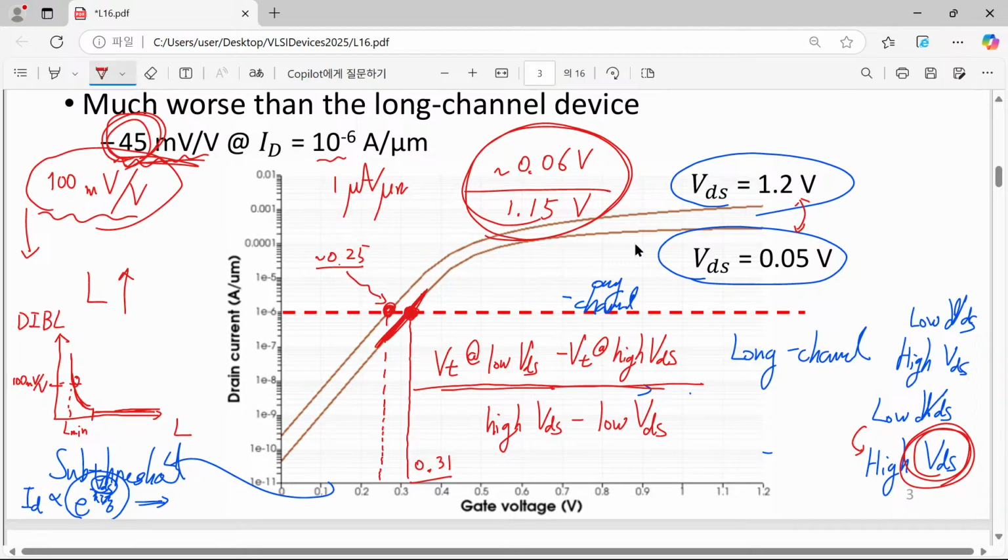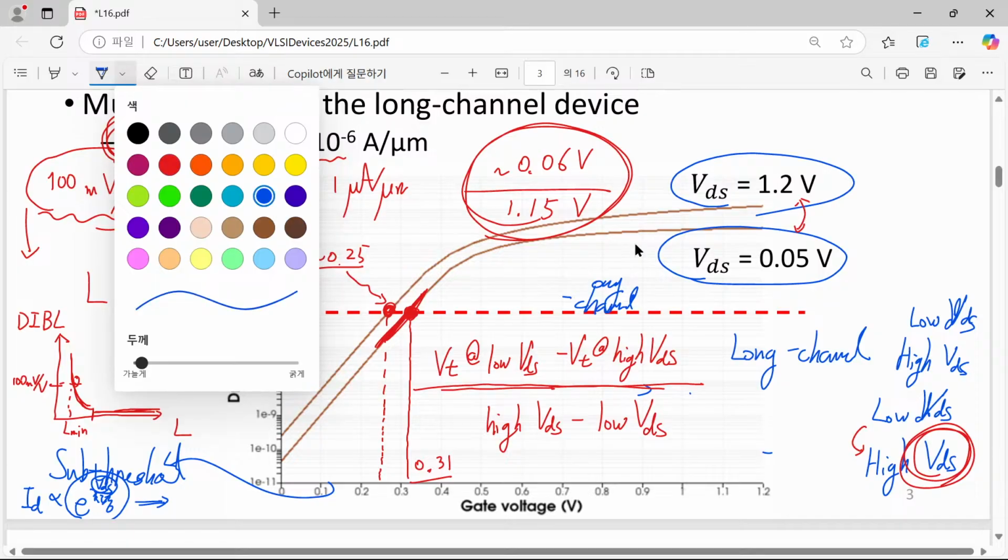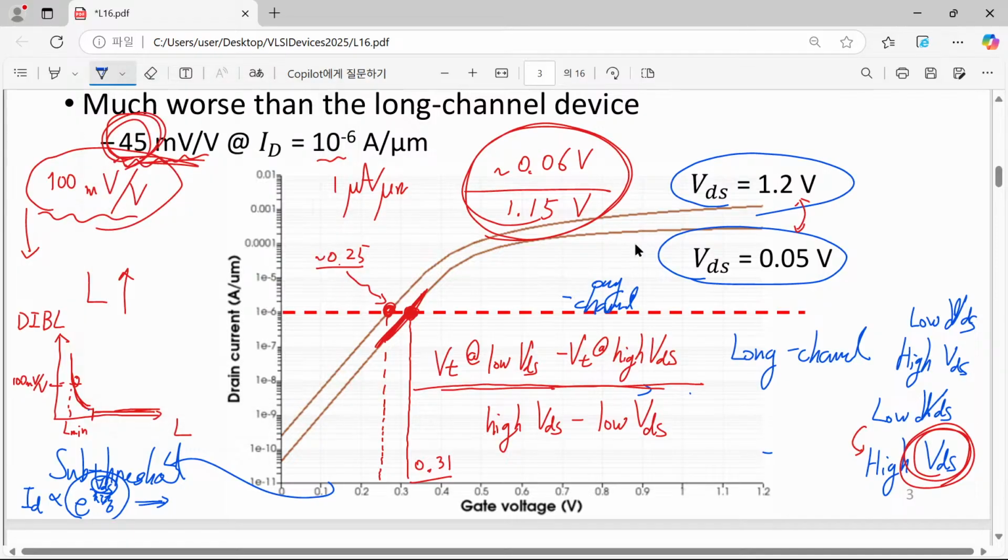Improvement in this case means that you can lower your DIBL graph, pushing your curve toward the left side, so that you can decrease the minimum length of your transistor.